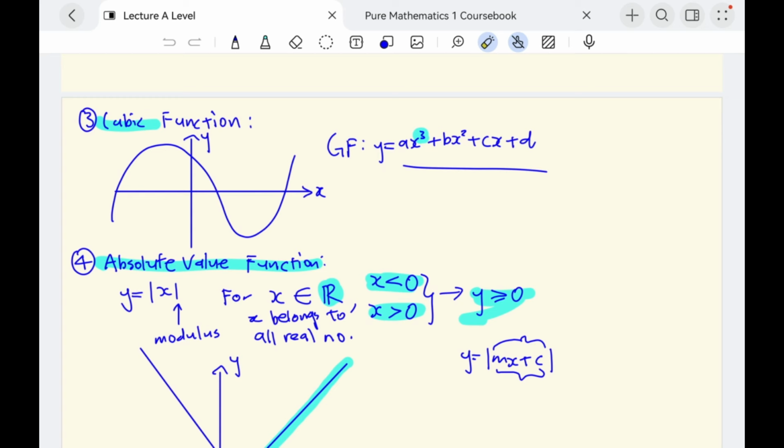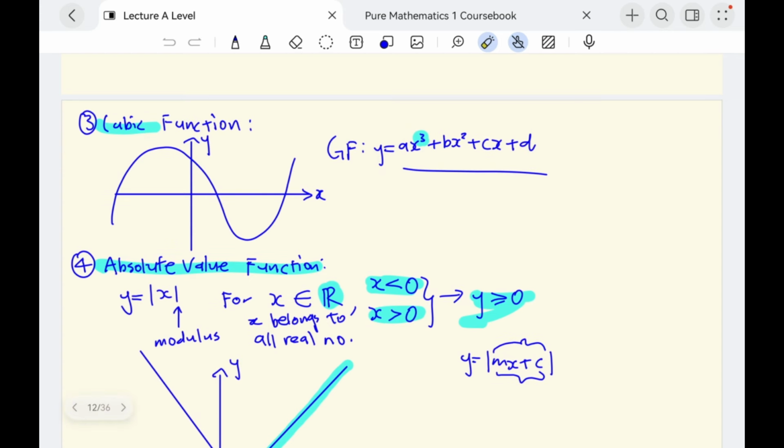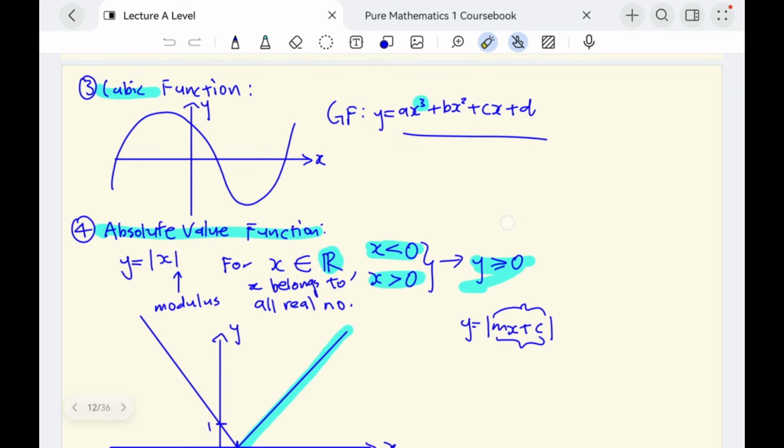No. In A Level, the examiner doesn't ask candidates to solve the cubic function. So basically, a cubic function is a third power polynomial function with 3 x-intercepts, also known as 3 roots when y equals 0. Okay, that's all you need to learn about this.